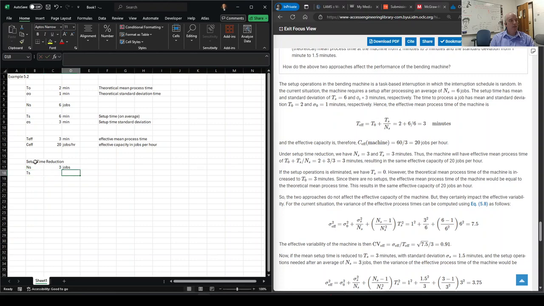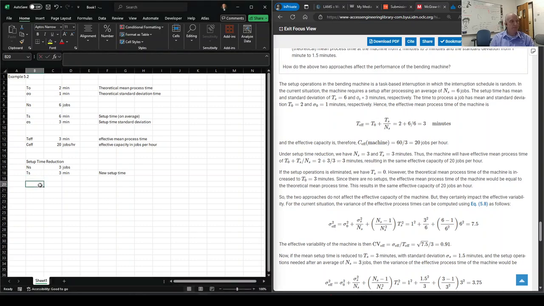We have a setup time that's shorter, a new setup time of 3 minutes. Under the setup time reduction, we have NS of 3, TS of 3. Thus, the machine will have effective mean process time of 3 minutes.